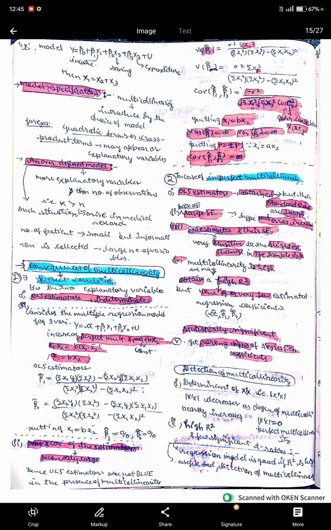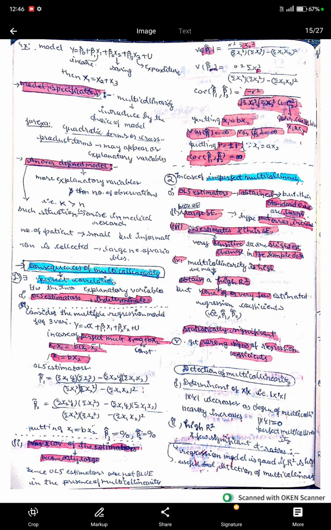Putting small x1 equals b x2, variance of beta 1 cap equals infinite, variance of beta 2 cap equals infinite, and putting r equals plus or minus 1, since x1 equals b x2, covariance of beta 1 cap, beta 2 cap equals infinite.